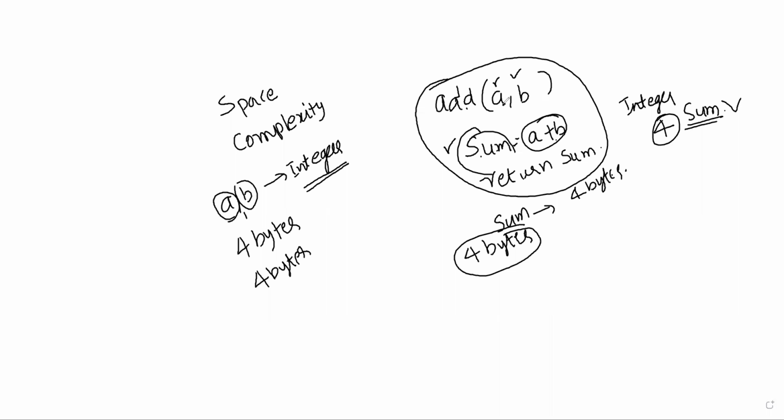A and B are passed as parameters, so A and B are allocated somewhere outside this function and are not considered as memory inside the function. Only sum is being utilized. Sum is initialized here, so this add algorithm is going to utilize this sum.